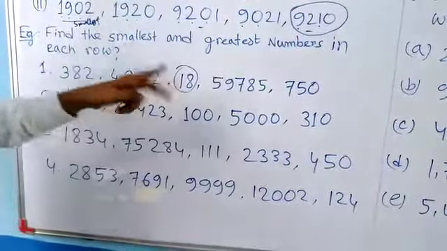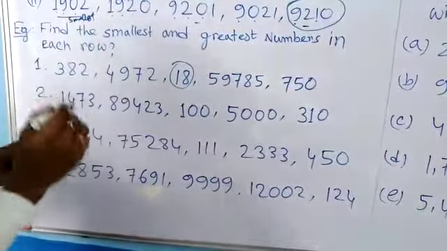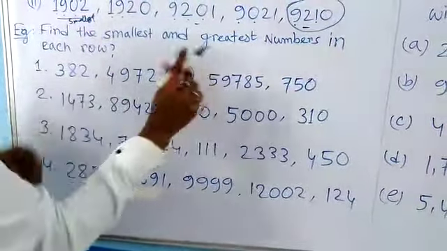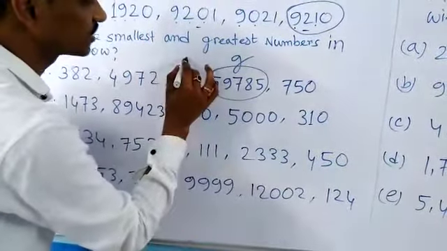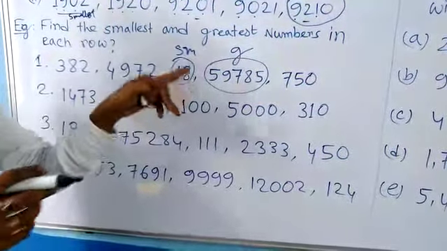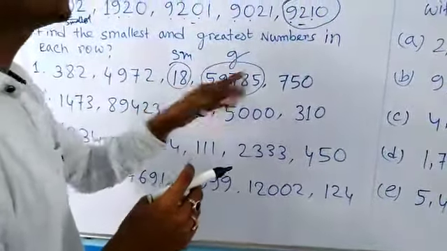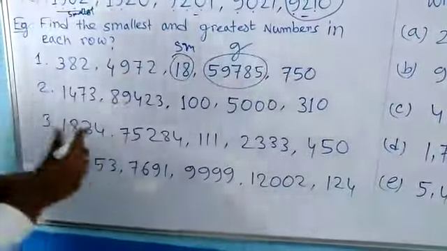Why? Because it has only 2 digits, unlike the other numbers. And this is the greatest number, because it has 5 digits.